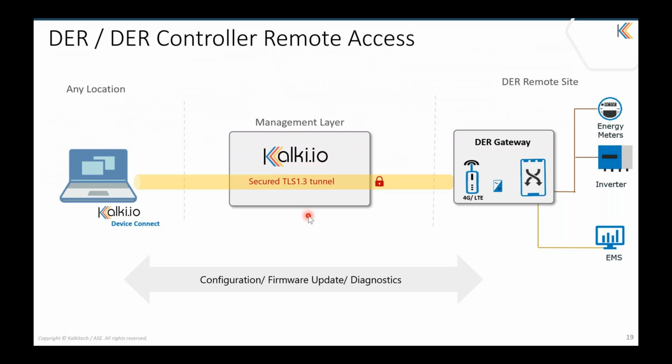You can provide users permissions to access specific devices behind the gateway, and the user will be provided with a certificate, and from the remote machine he can use the certificate and create an end-to-end tunnel from his engineering workstation with the gateway and to the site.